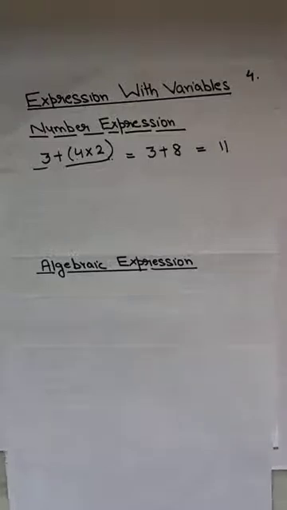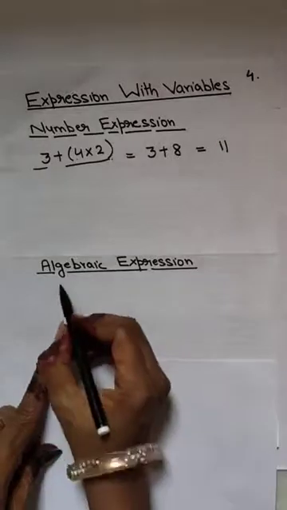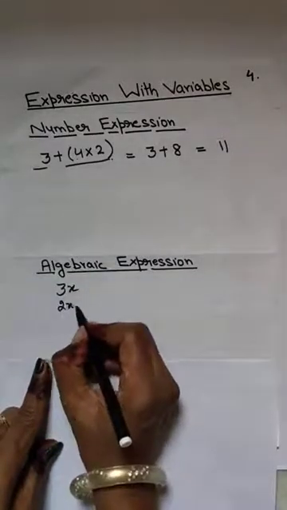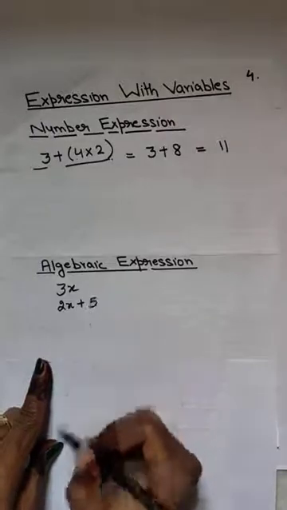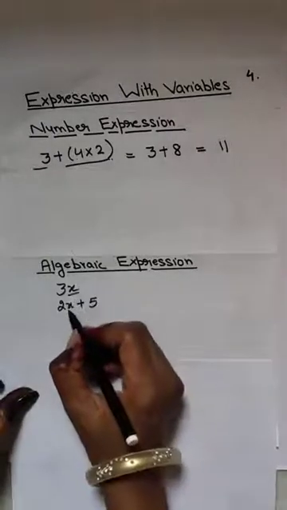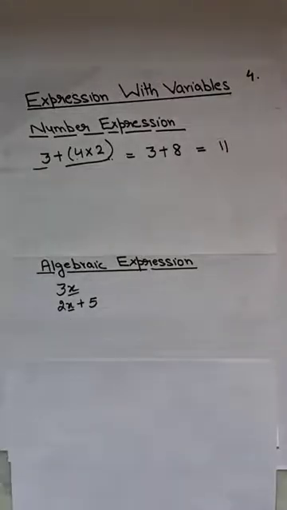And what are algebraic expressions? Algebraic expressions are those expressions in which we have variable, just like 3x, 2x plus 5. These are algebraic expression because here we have x, which is a variable.